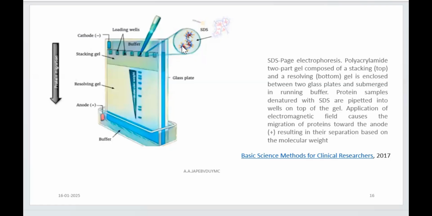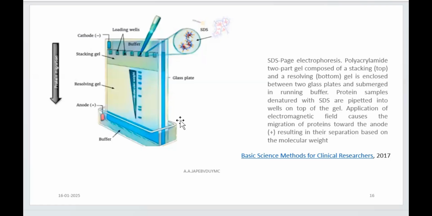If you see this particular gel carefully, you will see one is the stacking gel and another is the resolving gel. So the resolving gel is where separation is going to occur, and the stacking gel is present before the resolving gel. It is a very important component. Prior to the main resolving gel, you have the stacking gel, right?